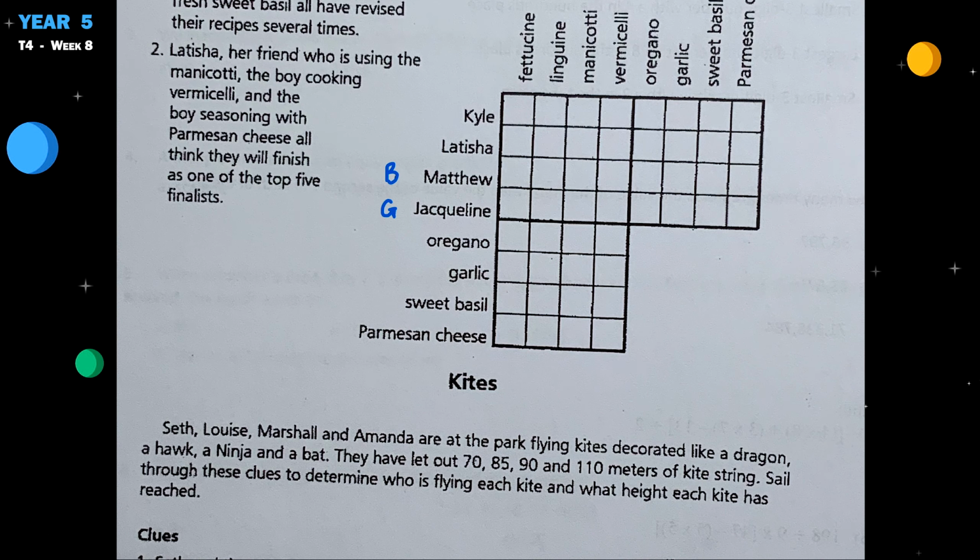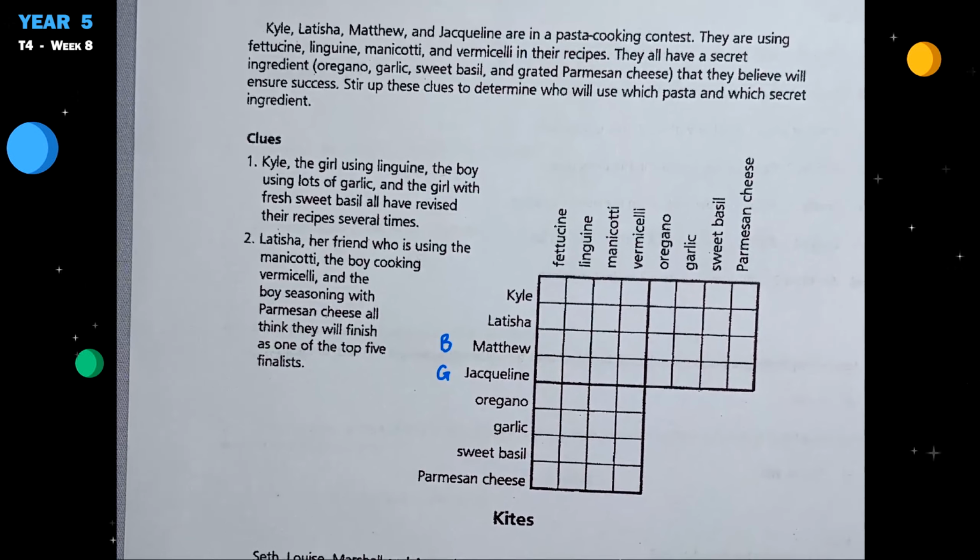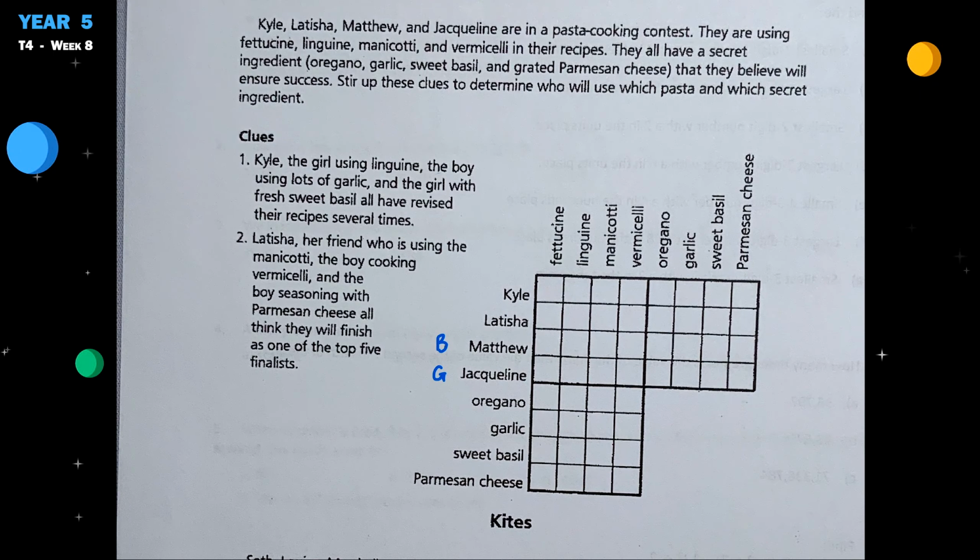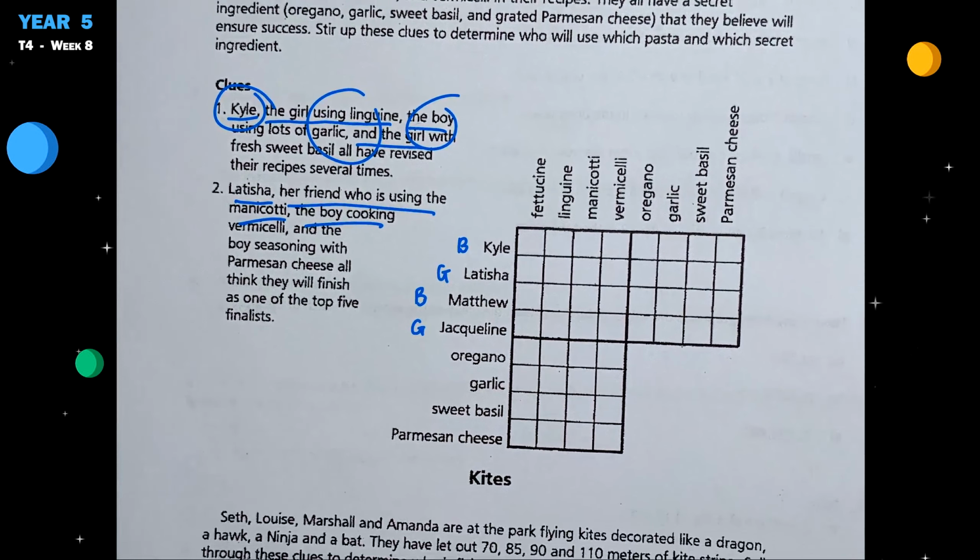Kyle, I don't know. Is it a boy or girl? You've got Kyle, the girl, the boy, and the girl, so there are 2 girls and 1 boy. Letitia, her friend who's using the manicotti, the boy. I'm going to assume this is a boy, Kyle.